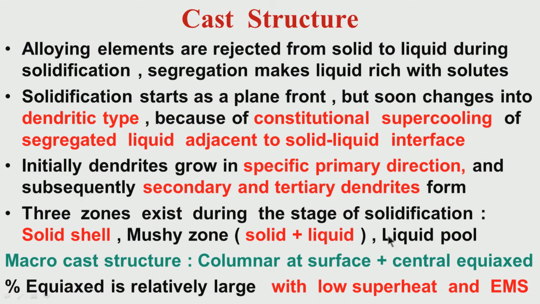That means you go from 0 fraction of solid to 100% solid during solidification. It is called mushy because you have both solid and liquid. This is very important. This mushy zone will dictate the quality of the solid shell which is forming. We will deal with it in greater detail subsequently.